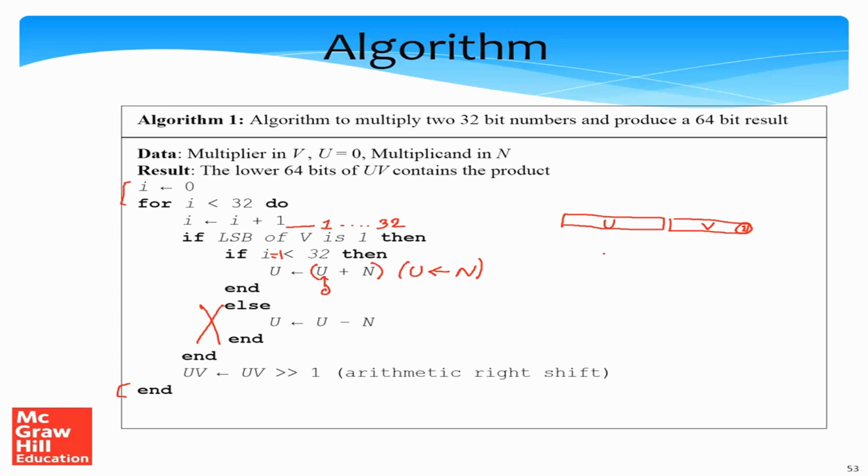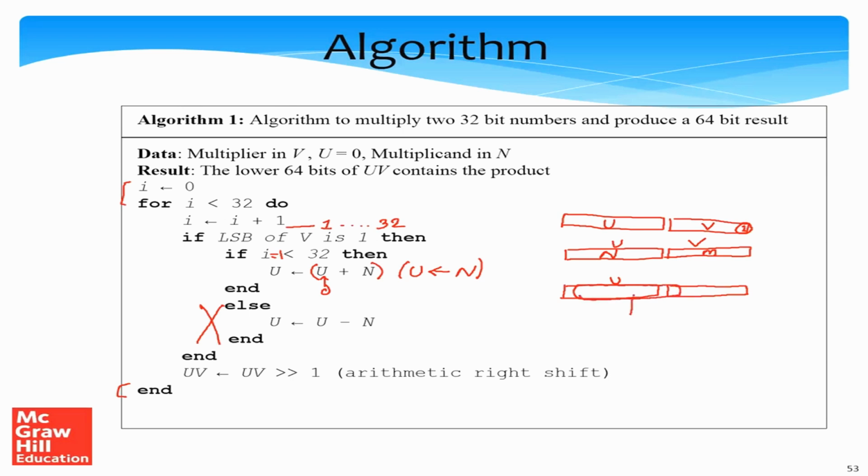If this bit is 1, then the multiplicand occupies register U, and register V will contain the multiplier M. Then we shift it to the right by 1 position. This is still register U and register V. So the product will sort of be in U as well as in 1 bit in V.